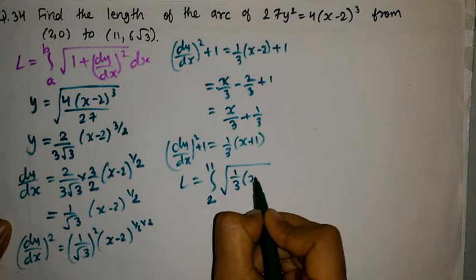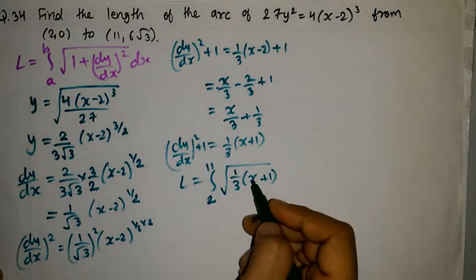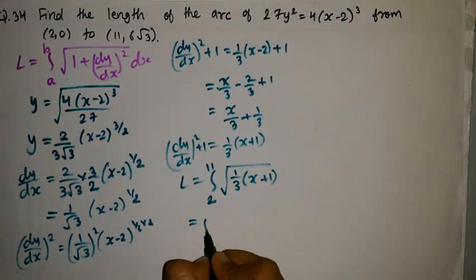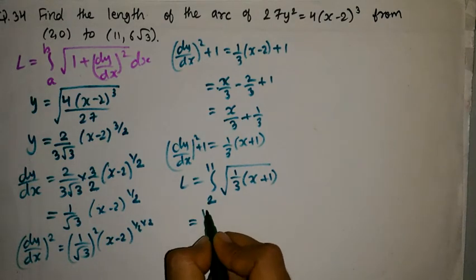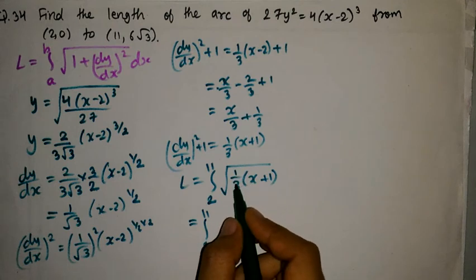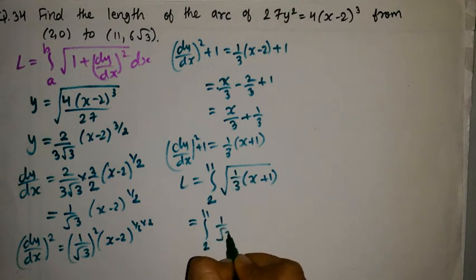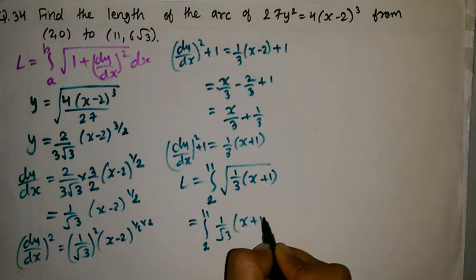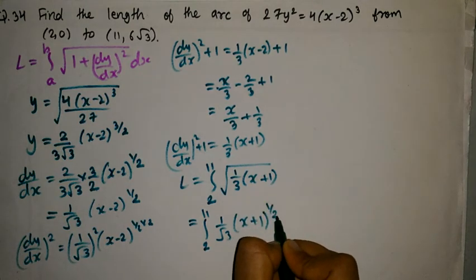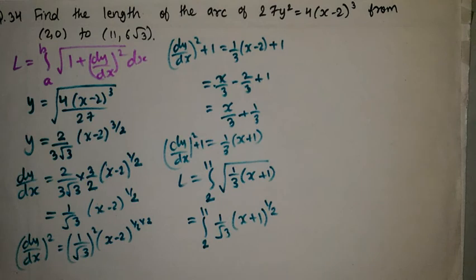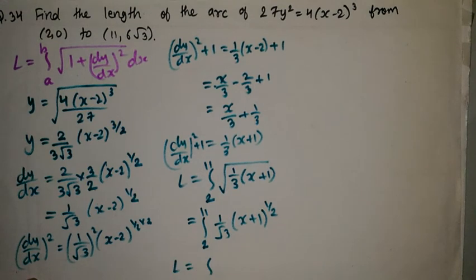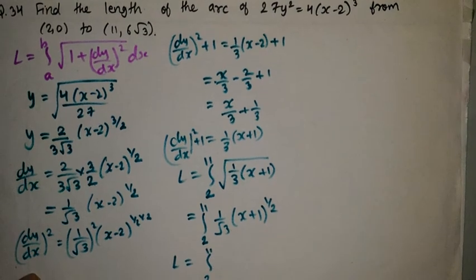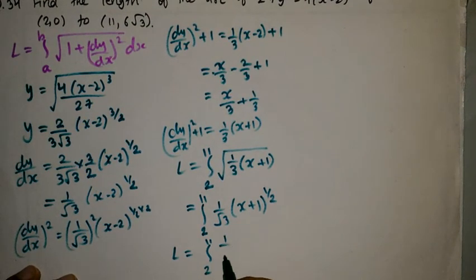So it's root of 1 by 3 into (x plus 1), which equals the integration from 2 to 11 of 1 upon root 3 into (x plus 1) whole raised to 1 by 2, taking the constant outside. Now integrate this term, so L is equal to the integration from 2 to 11 of 1 upon root 3, which is a constant, so it will remain as it is.